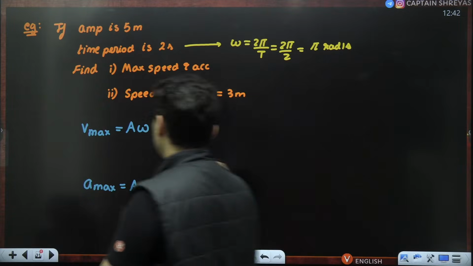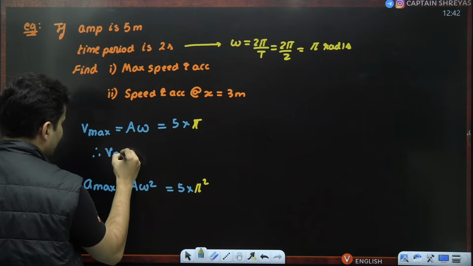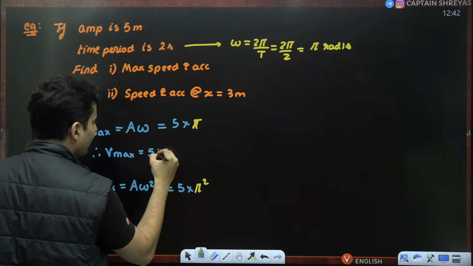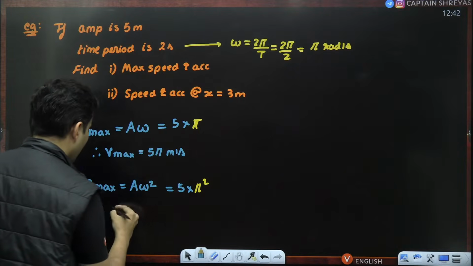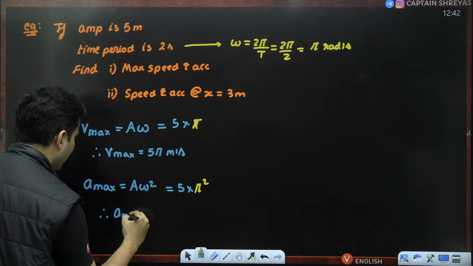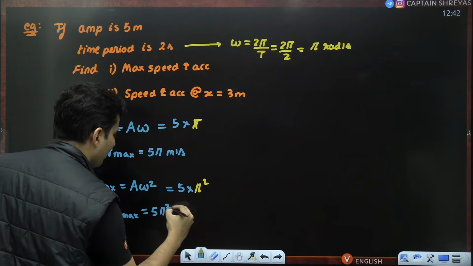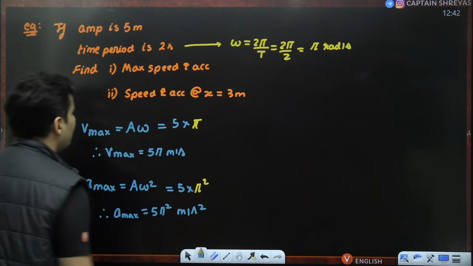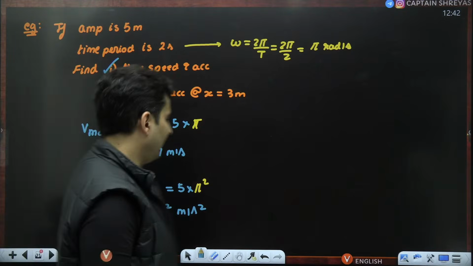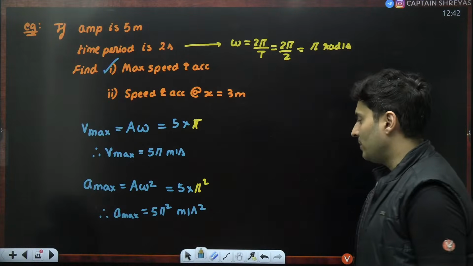So the correct answer for maximum speed will be 5 pi meters per second, and for acceleration it will be 5 pi square meters per second square. The first part is done.